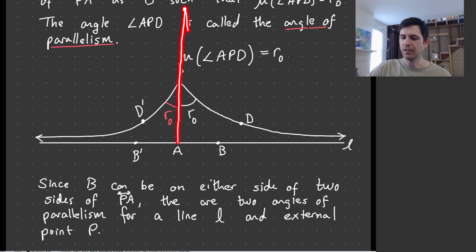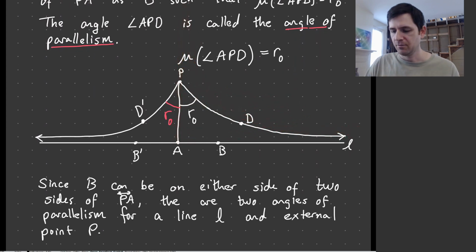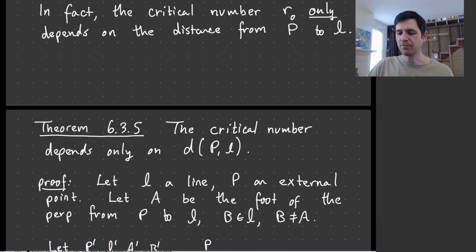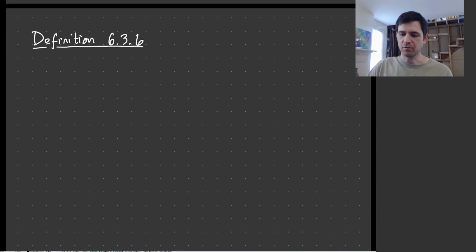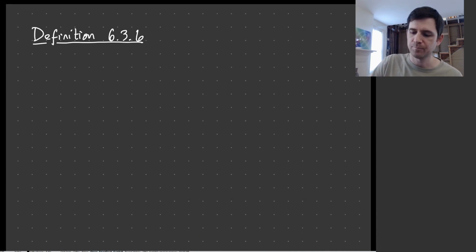You can have a very small angle and still eventually have time to go this way, and it's parallel. So that's the idea. The greater the distance you are from the line, the smaller the critical number. And that's what we want to show next. So toward that end, we need to make another definition.